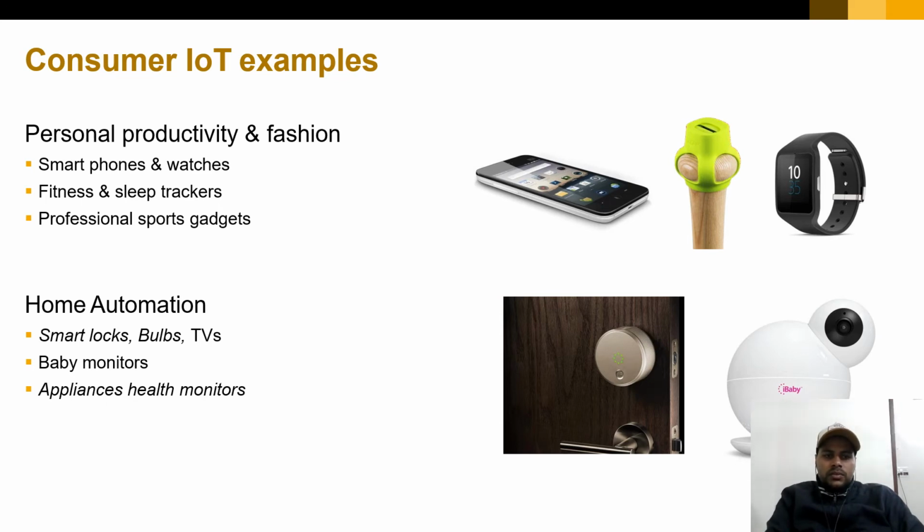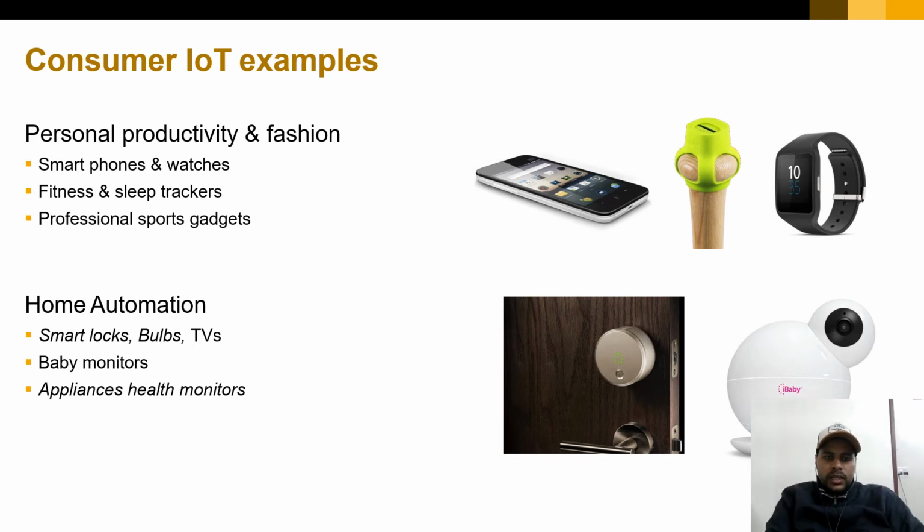Second one is fitness and sleep trackers. Fitness and sleep trackers are just normal bands. They are activated on some specific action. When you're sleeping, your band goes into silent mode and is not functioning anymore. The sensor detects that you are not engaged in any activity, so you are sleeping.